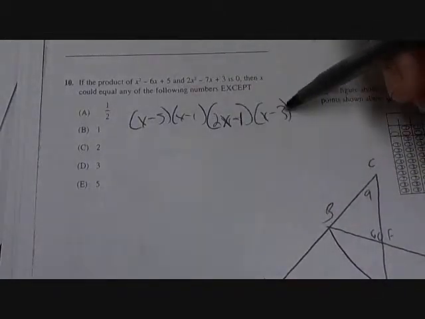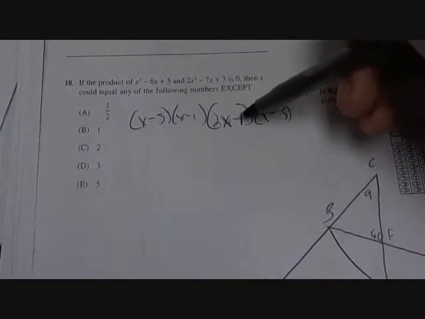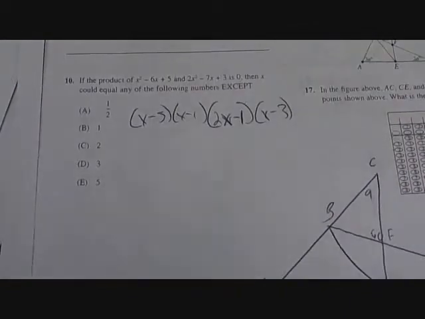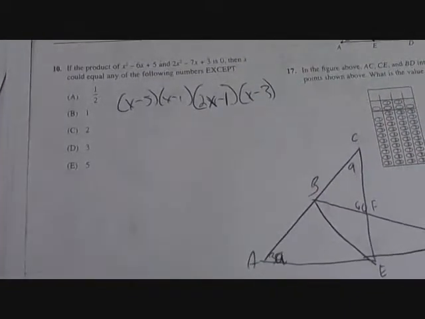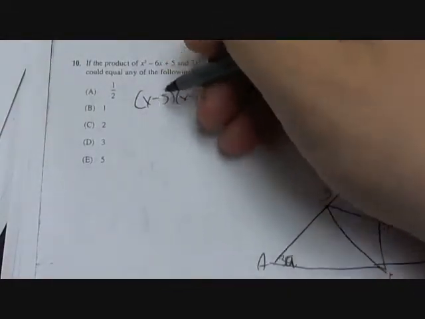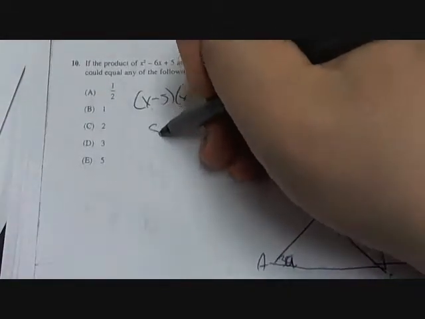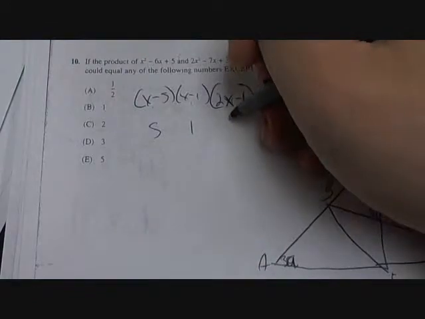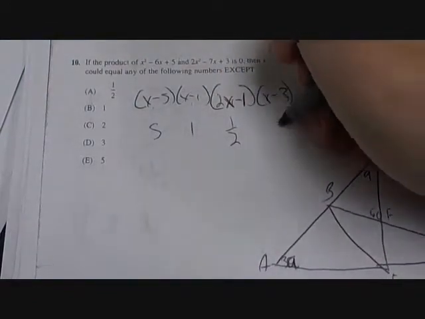That works: plus 3, negative x, minus 6x, minus 7x. Yes, that works. Now you just solve for 0. For this product to become 0, x has to be 5, 1, 1/2, or 3. So the answer is C, 2.